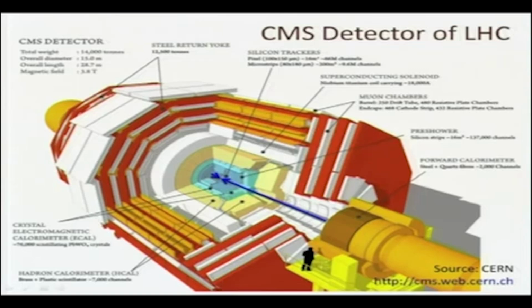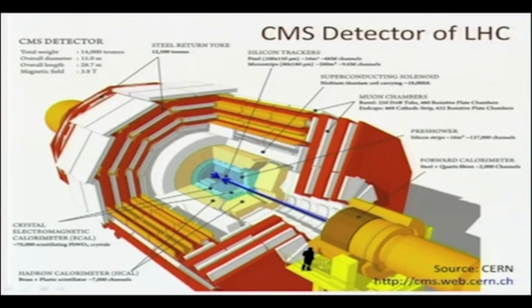First, we have what is called the silicon tracker. A silicon tracker tracks the particles and detects the type of the particle. If it is a charged particle, it can tell whether it is a positively or negatively charged particle, and it is made of silicon microstrips.